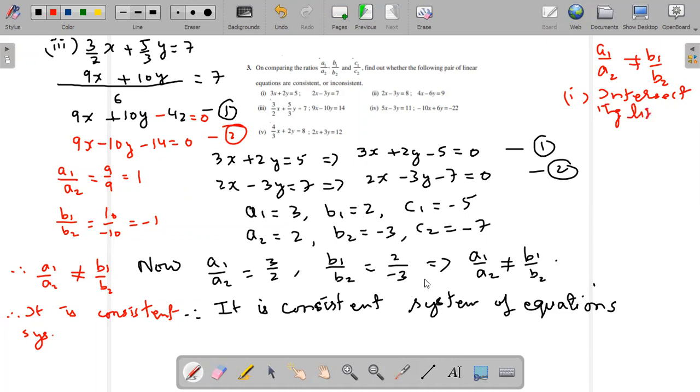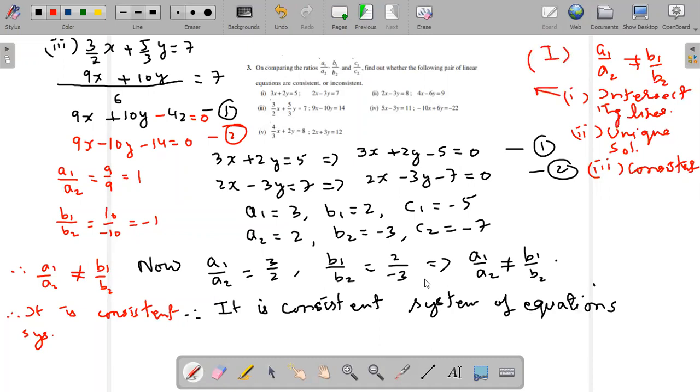Second, it will have a unique solution. It is telling about the solution, meaning we can solve it. And third, it is a consistent system of equations. So every condition tells three things.